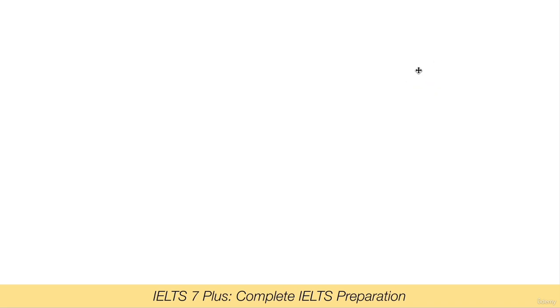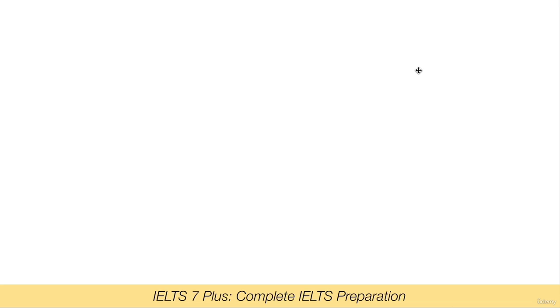This time we're going to look at two task 1 questions, and as always we will think about the question, what it's asking from us, generate ideas and write a plan, and then do the write-up as if we were in the real exam. So if you've booked your IELTS test, then this is great practice for you.